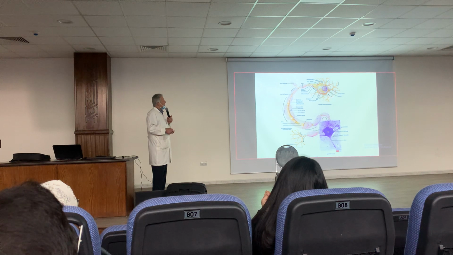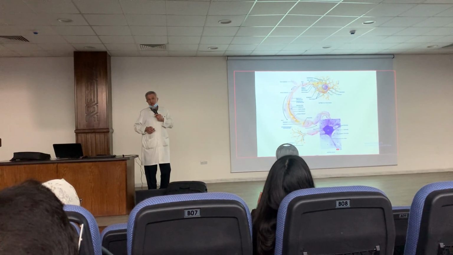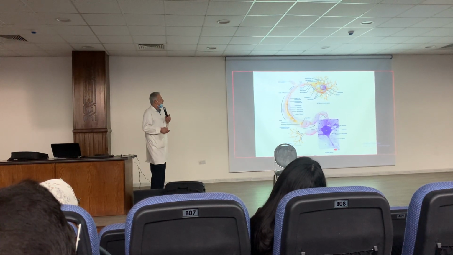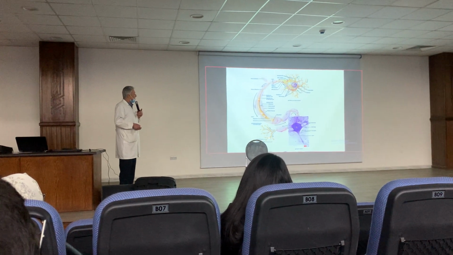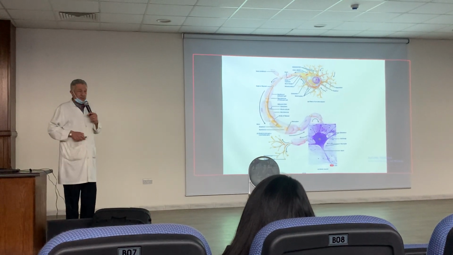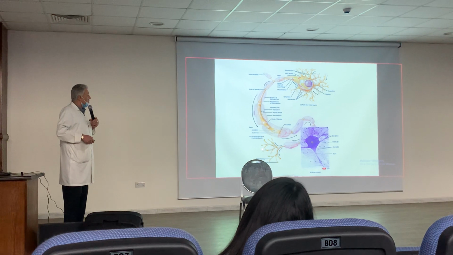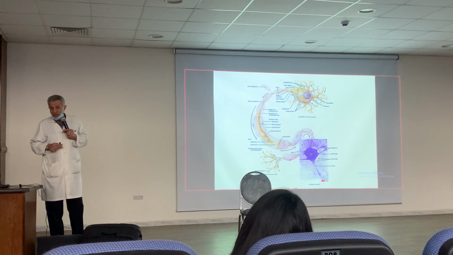You will see the importance of these dendrites to increase the surface area of these neurons for many purposes, actually. In addition, we have a lot of terminals, as you see. From one axon, we can have many terminals, and in these terminals, we have neurotransmitters, which are stored in vesicle.